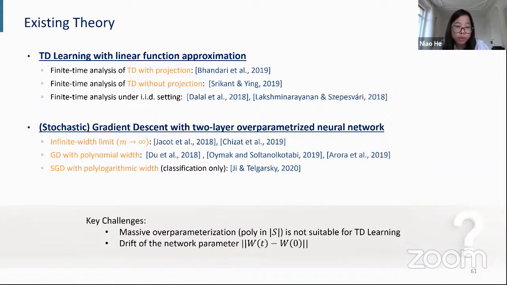We are only given rewards, right? So those are very different from gradient descent or from, say, regression settings.